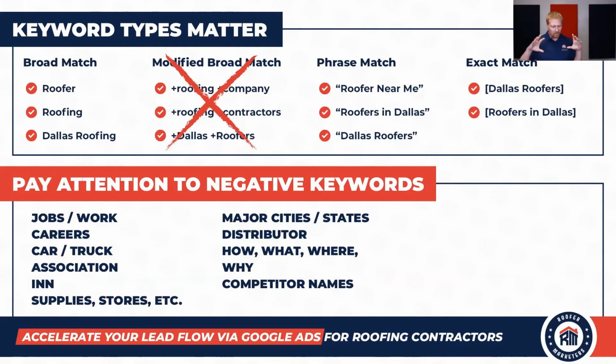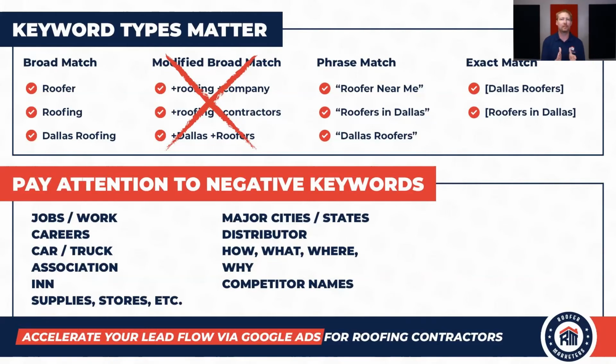Also, the way that Google works geographically, you're setting up a location that you want your ads to show in. So let's say that's Colorado Springs, Colorado, right? So you have all of the area locations specifically set, and you're using phrase match roofing company, which is a good phrase match term to use. And somebody types in roofing companies, Naples, Florida, because they have a vacation home down in Naples, right?